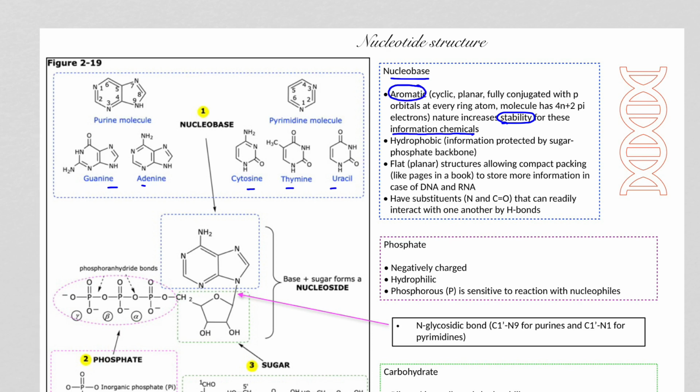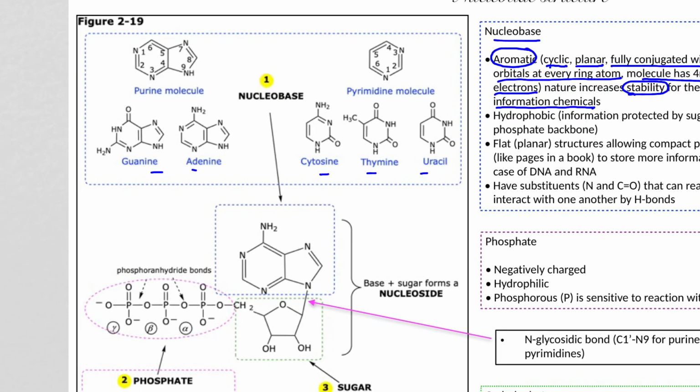If you remember from your organic chemistry, aromatic chemicals are those that are cyclic, planar, fully conjugated with p orbitals at every ring atom, and the molecule has 4n plus 2 pi electrons.